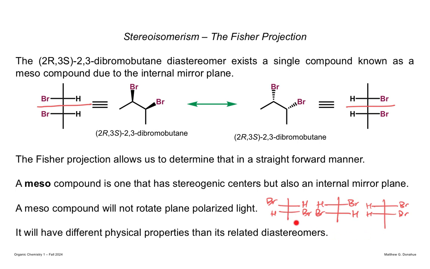Those have to be diastereomers. Those have to be diastereomers. So visually, of these two, see how they're the same? But then this stereocenter you're flipping. So that tells you they're diastereomers.